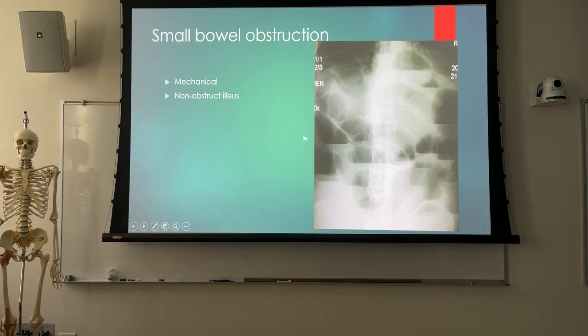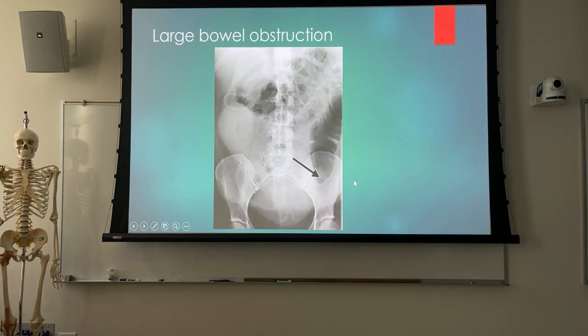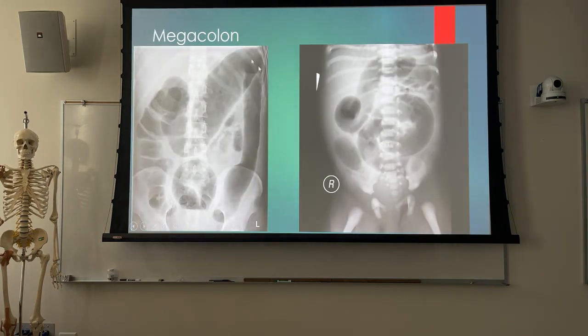So, got that one. And then you've got large bowel obstructions, so, you know, kind enough to give us a big arrow for this one, as if we couldn't see where the gas pattern ends. But we've got a large bowel obstruction. If it gets bad enough, you'll start to lose those haustral markings, and you'll get what we call megacolon. So this is what we call aganglionic megacolon.